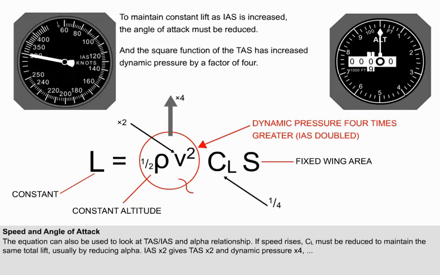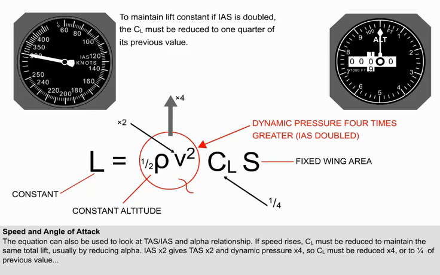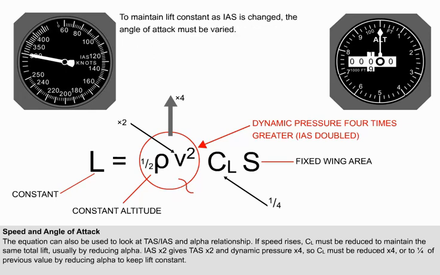If indicated airspeed is doubled, here from 150 knots to 300, the TAS also doubles, increasing dynamic pressure by 4. If dynamic pressure is increasing by a factor of 4, then to maintain lift at a constant, the CL must be reduced by the same factor, in other words, to a quarter of its previous value, by reducing the angle of attack appropriately to keep the aircraft at a constant height.